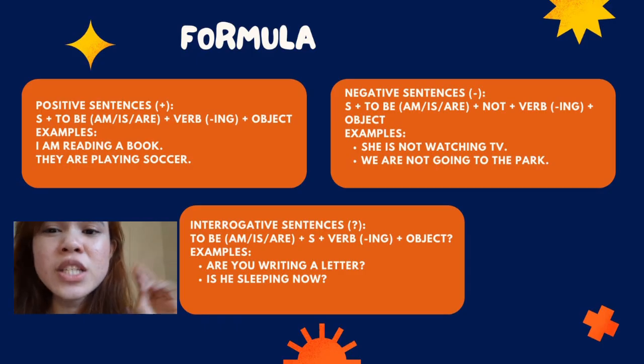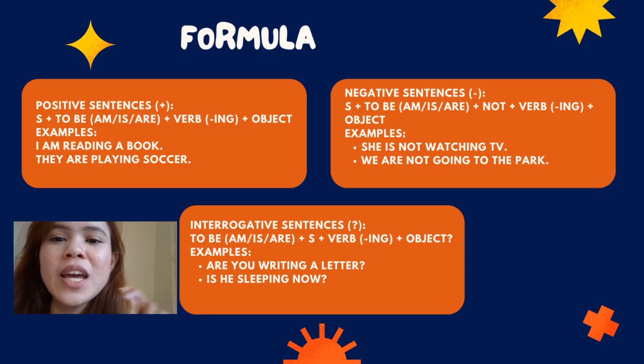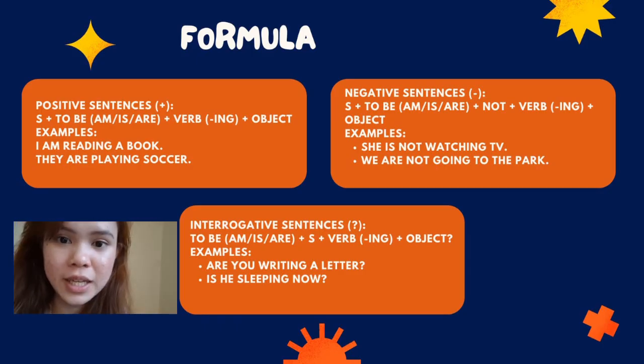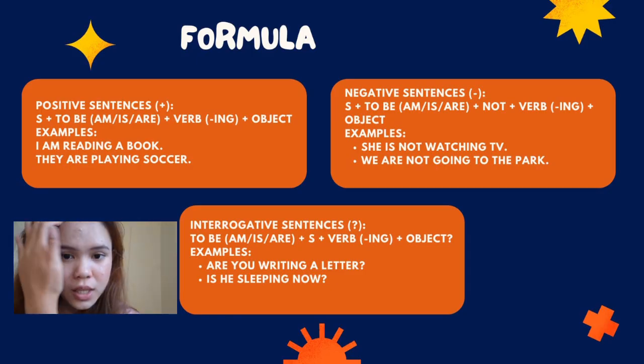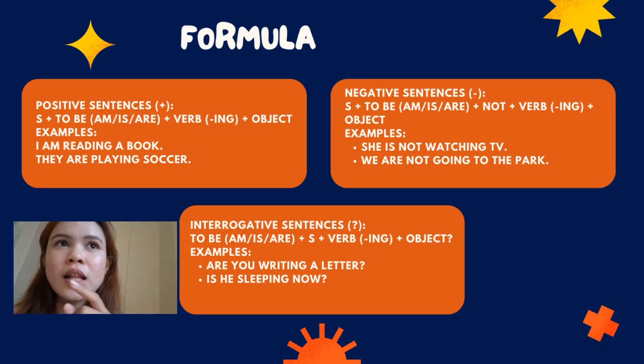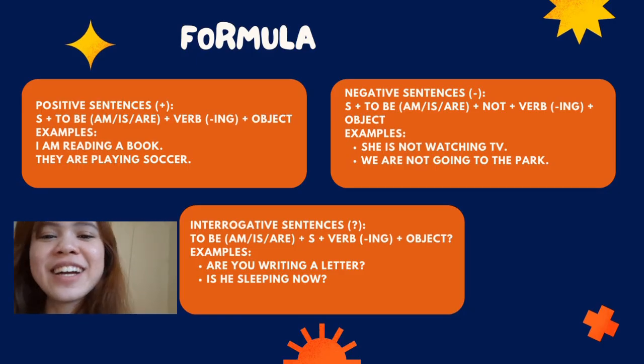And the third is interrogative sentences. To make a question, we put the to be verb before the subject. The formula is to be, am, is, are, plus subject plus verb ing plus object, with a question sign.